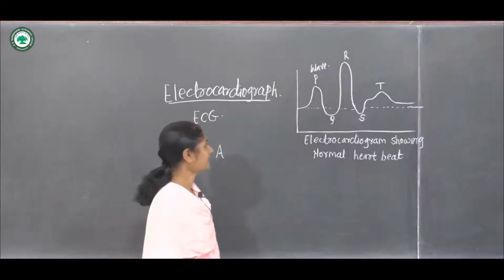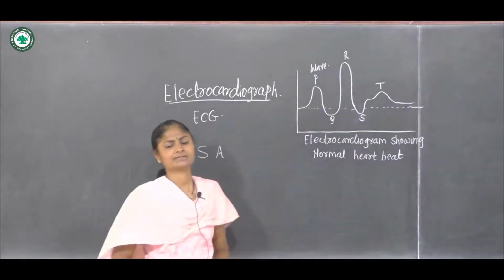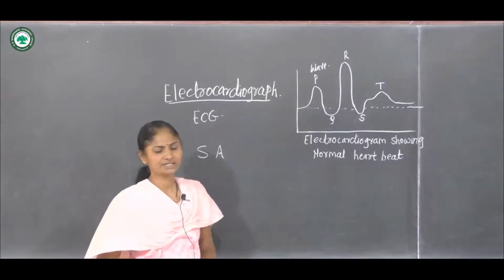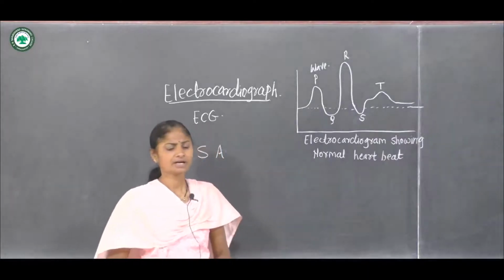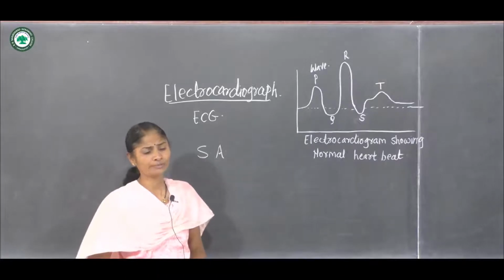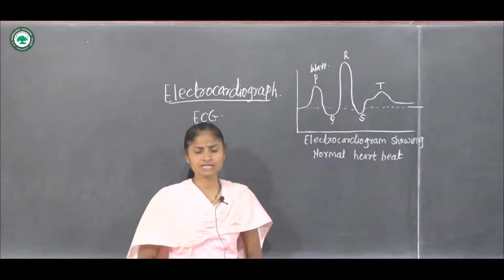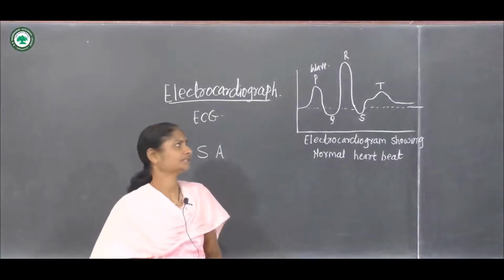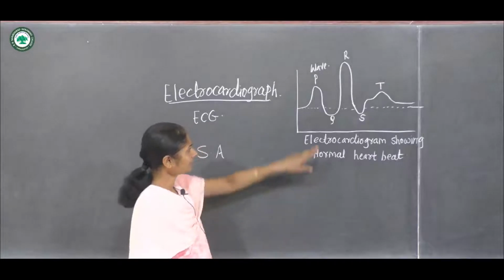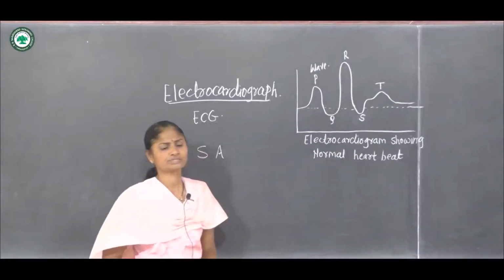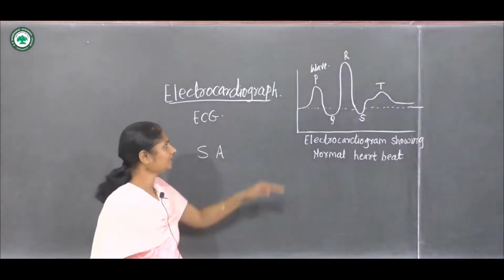We observe in this diagram that the ECG has 5 waves: P, Q, R, S and T. Of these 5 waves, there are 2 types: upward deflections, which are P, R, T, and downward deflections, which are Q, S. These waves are therefore alternately up and down.